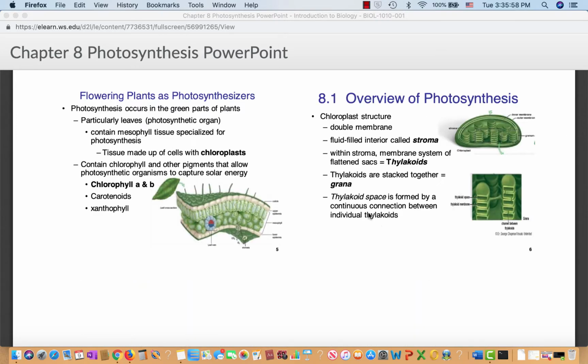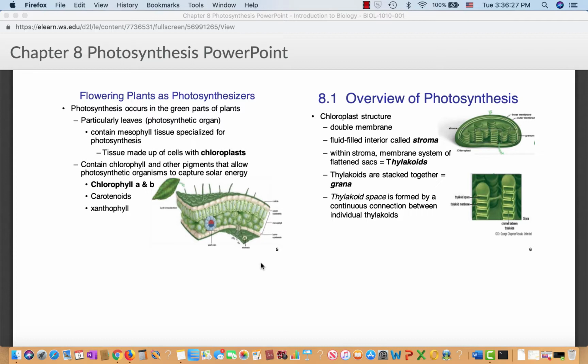Okay, so flowering plants as photosynthesizers. Photosynthesis occurs in the green parts of the plant, and that is because green light is kind of useless for photosynthesis. It's just too low energy. So their pigments absorb everything but the green, and reflect the green light back, which is why they appear green to us. These tissues are loaded with chloroplasts, where photosynthesis takes place.